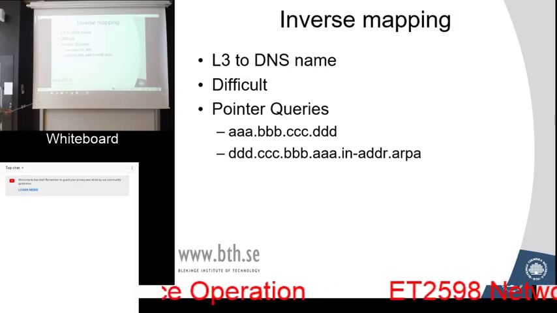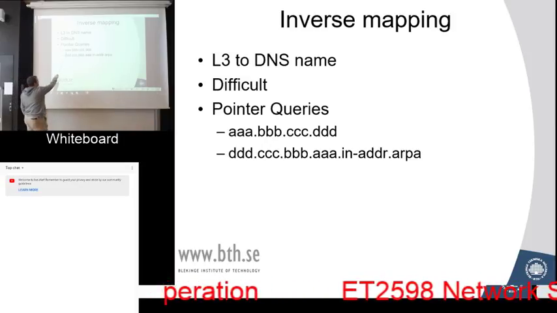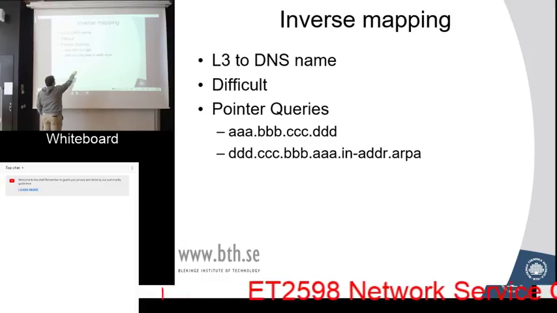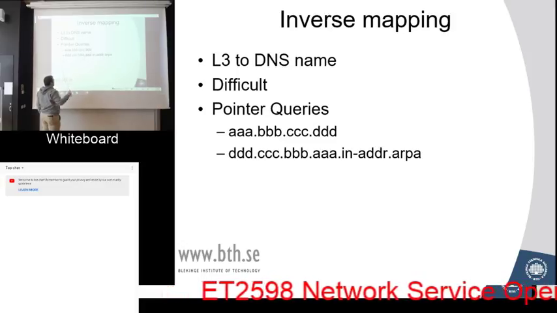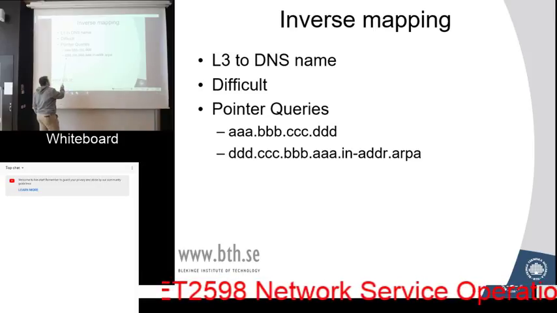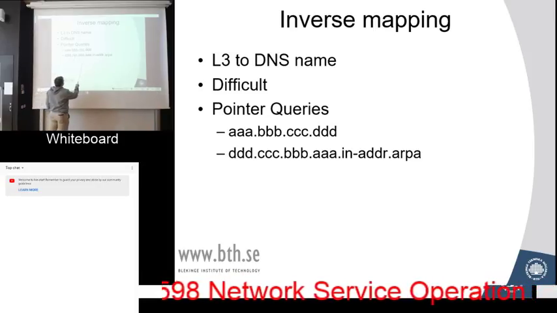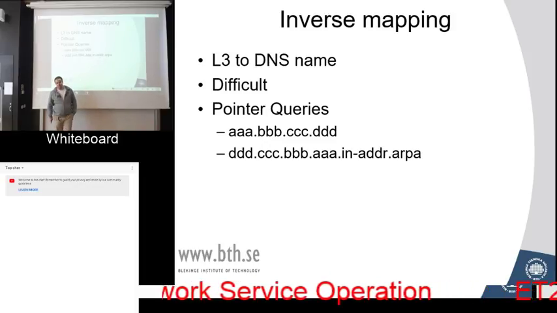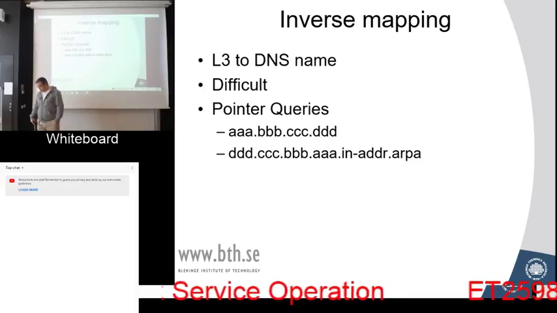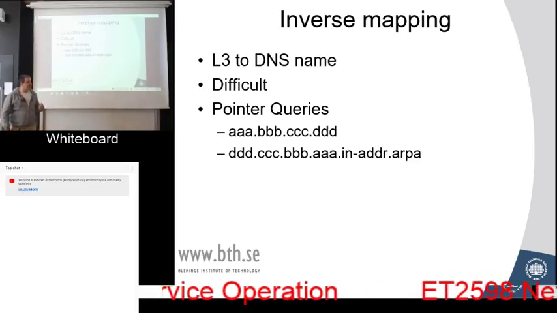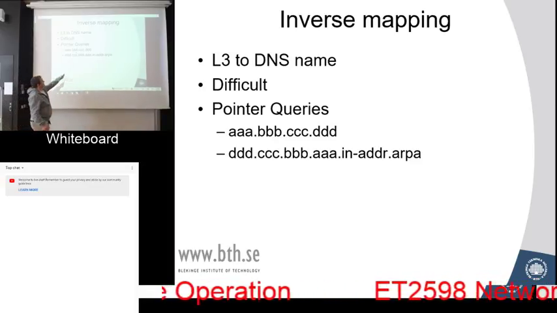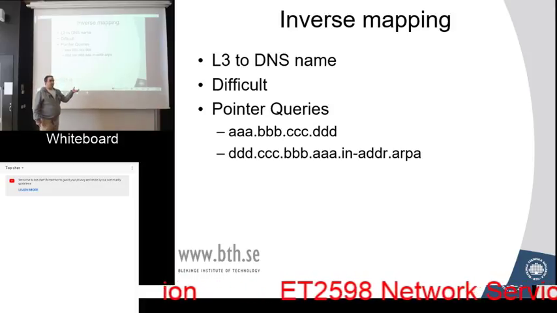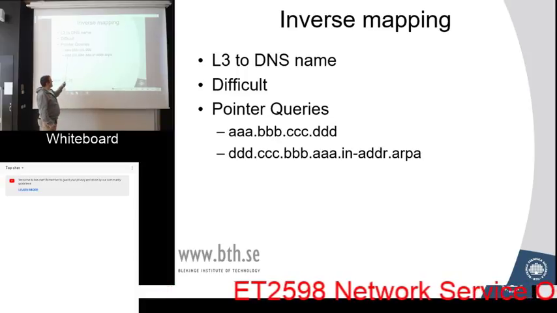And it looks like this. So if this is the IP number A.B.C.D that you have mapped, you will have another DNS entry that's called D.C.B.A.in-addr.arpa. So when you do a reverse lookup of A.B.C.D, that is transformed into, hey, what entry has this?